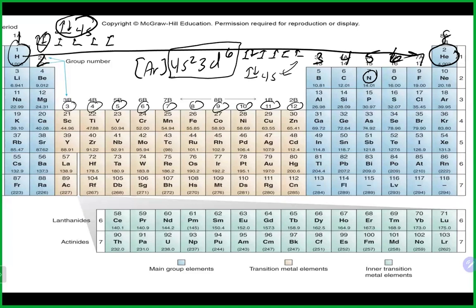So something like iron, for example, could lose 2 electrons and become iron with a +2 charge, which it would lose just as 2 s electrons there. And iron could also become +3 charge, which it would lose the 2 s electrons in the 4s orbital, and then 1 of the D electrons that are available to it. They always will lose those s electrons first, and then if they need to lose more electrons, they go into the D. So that's what happens with those.